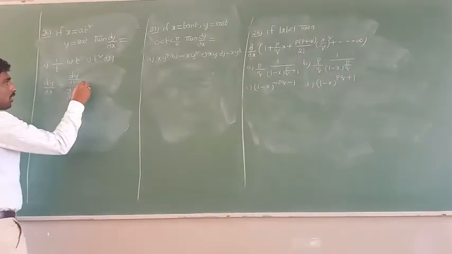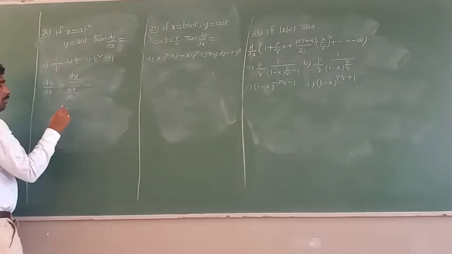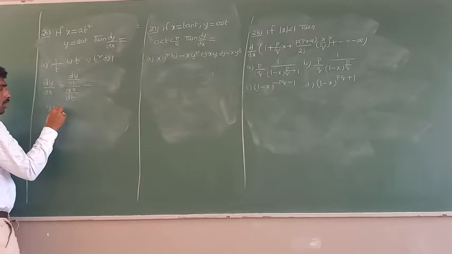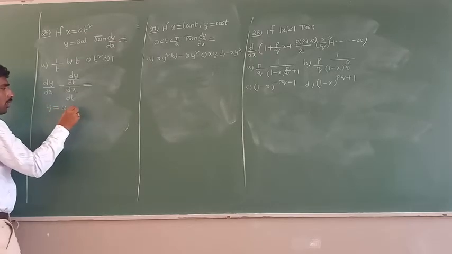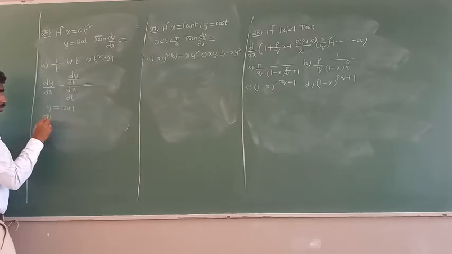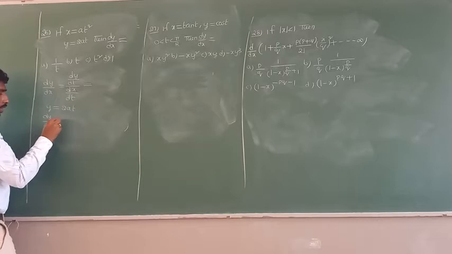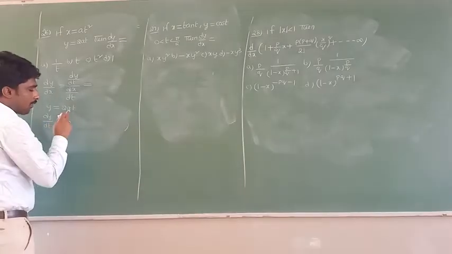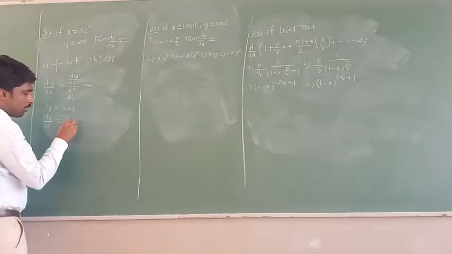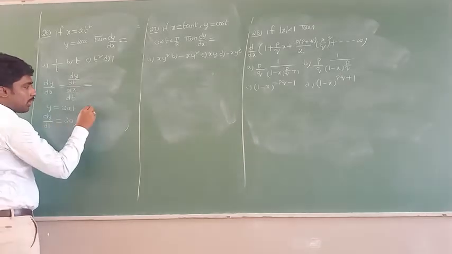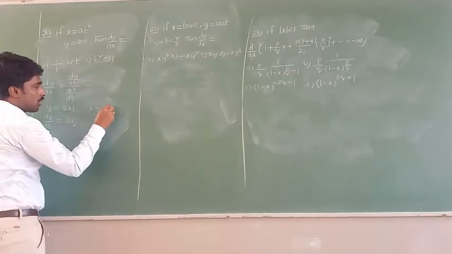Now all of you see here, I am finding the differentiation separately. What is the function here? y equals 2at. If I differentiate this function with respect to t, dy by dt equals the differentiation of 2at, what will you get? 2a. Next, x equals at square.